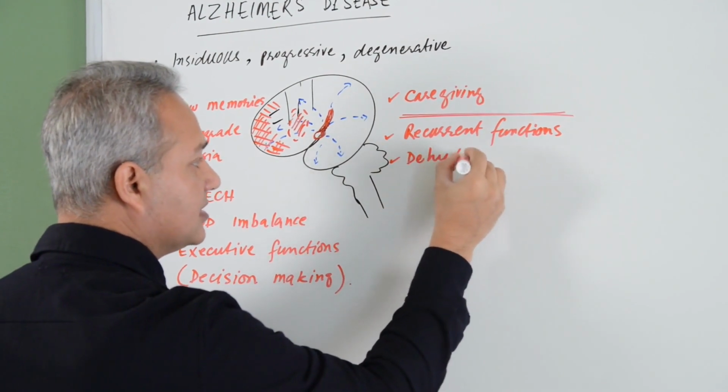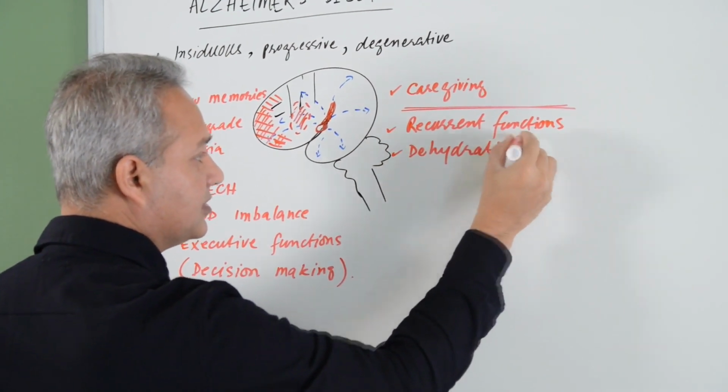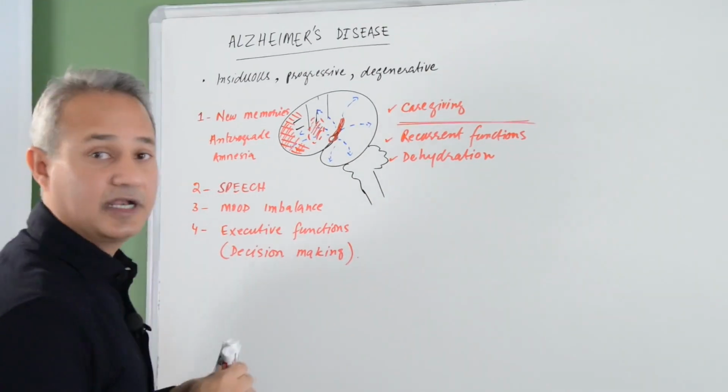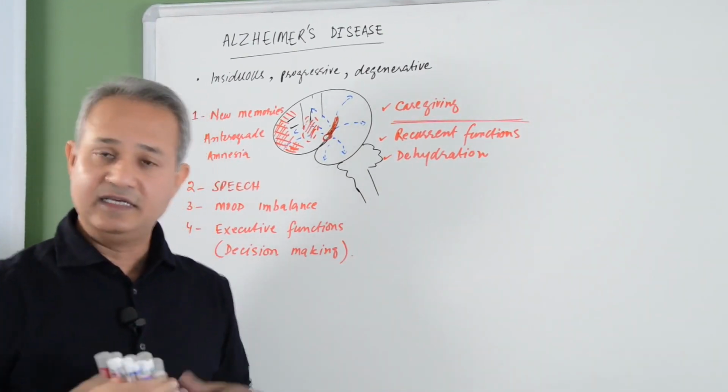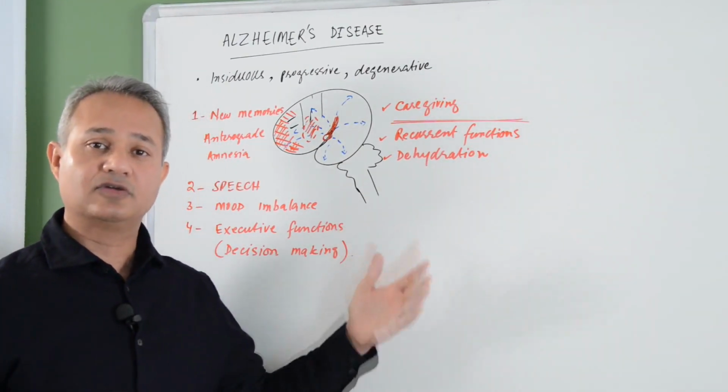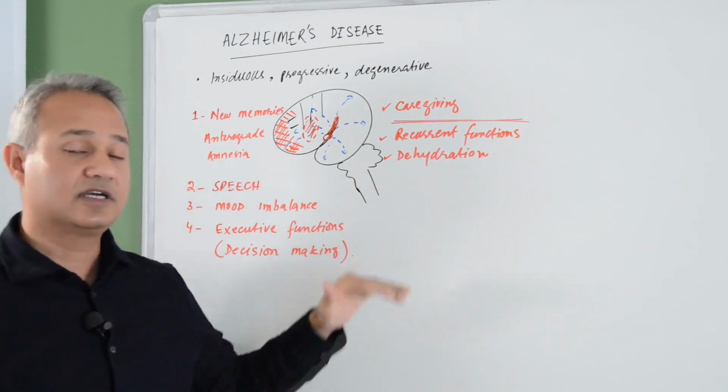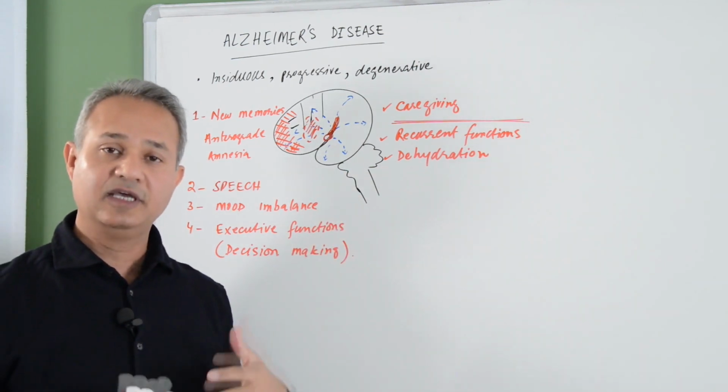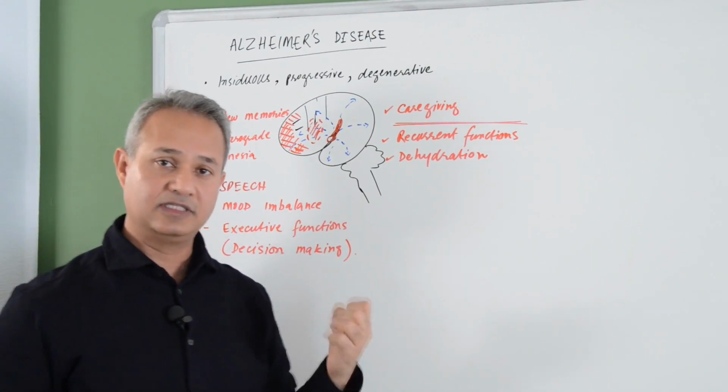Again, because the patient is bedridden, the patient cannot take care of his own needs, he does not even know that he needs to go drink water. So dehydration and recurrent infections, pneumonia-like infections, would ultimately cause the eventual death.